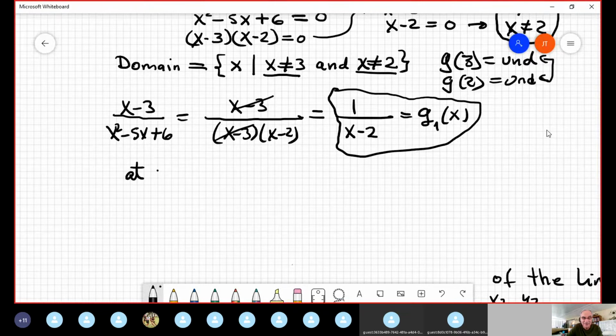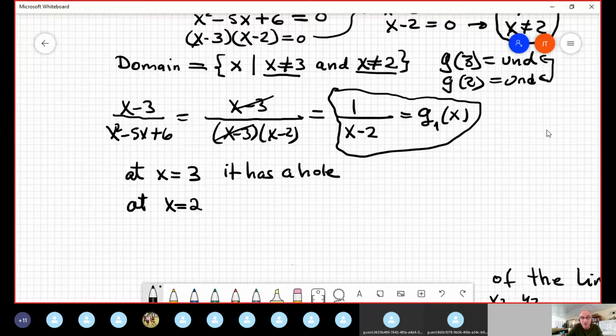So at x equal 3, the original function has a hole. The remainder factor in the denominator corresponds with the asymptote. It is a vertical asymptote.